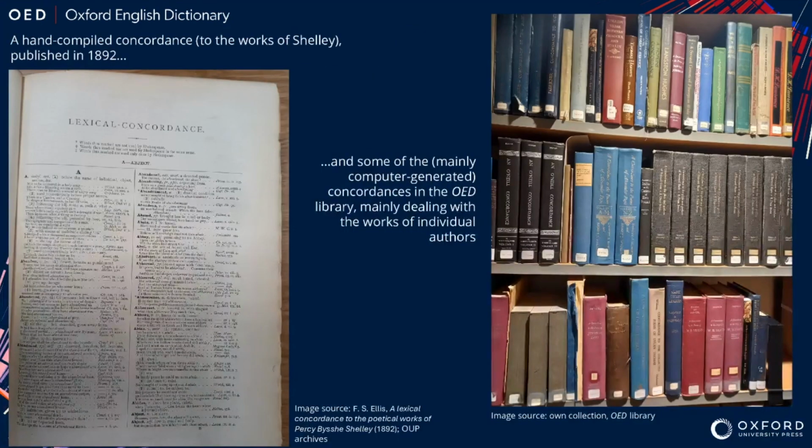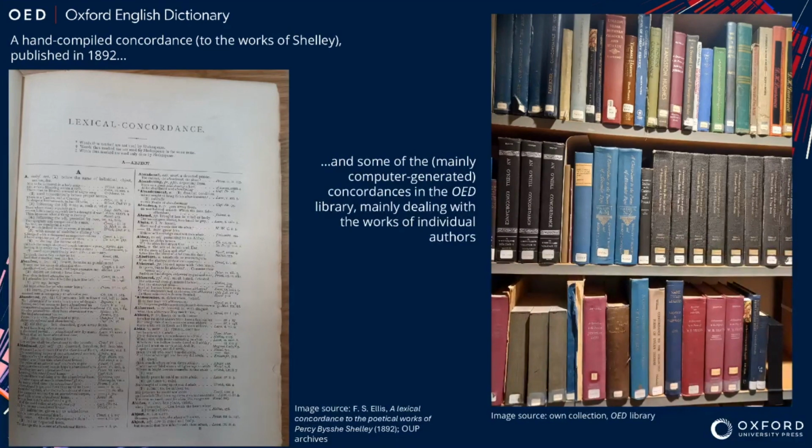In the pre-computer age, there was actually one way of searching a few complete texts, because one scholar or another had compiled a word-by-word index to that text by hand, a so-called concordance.